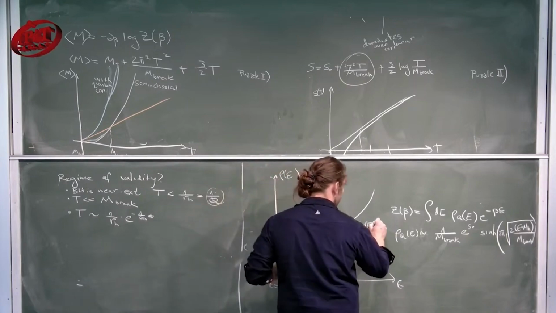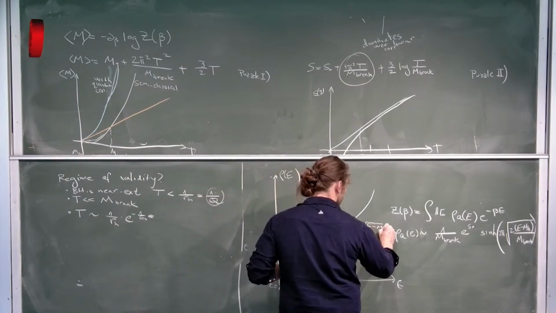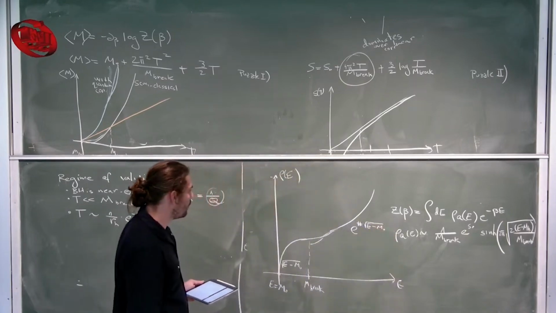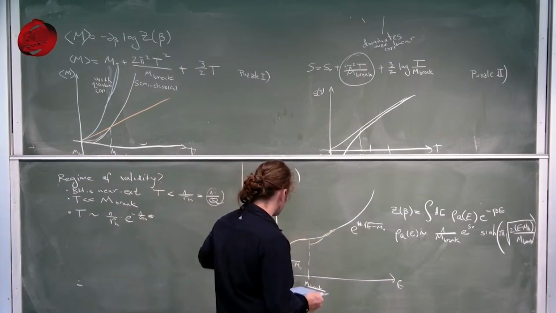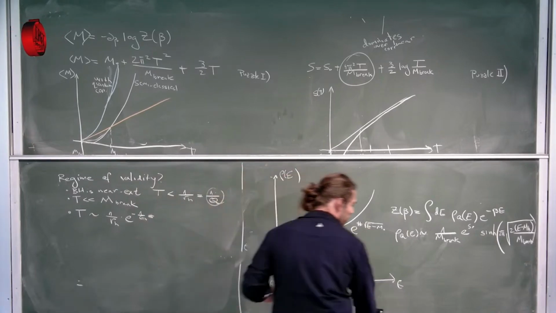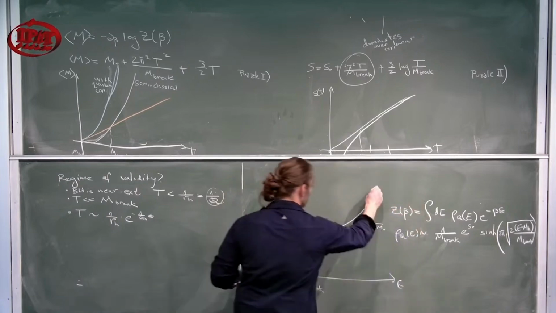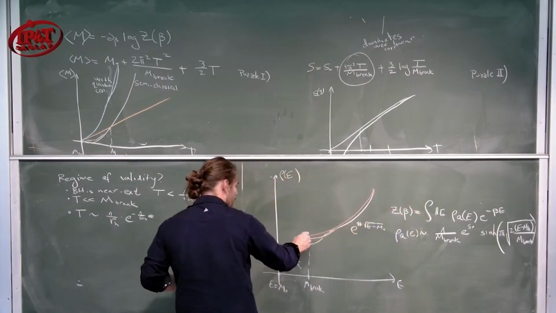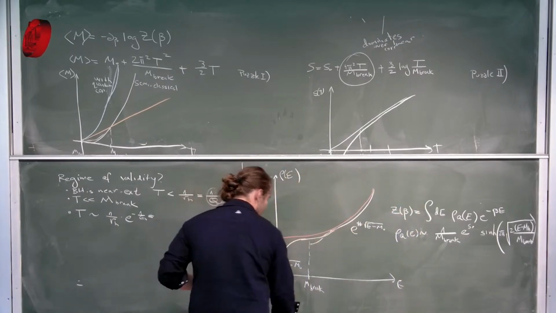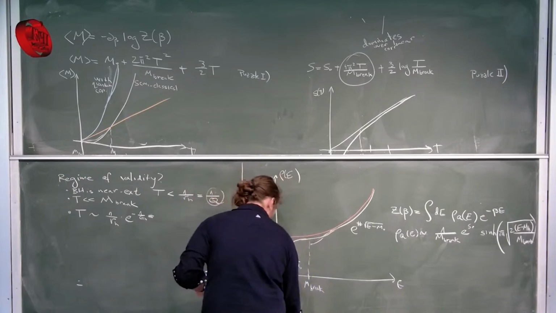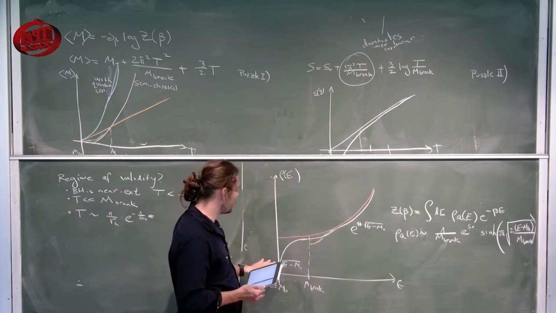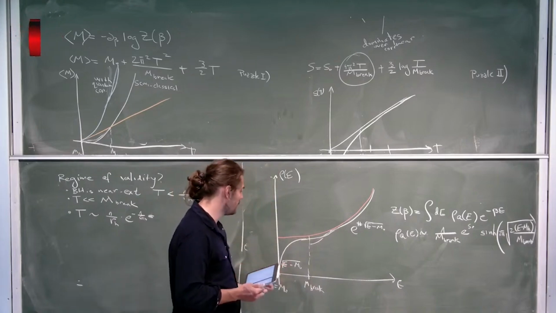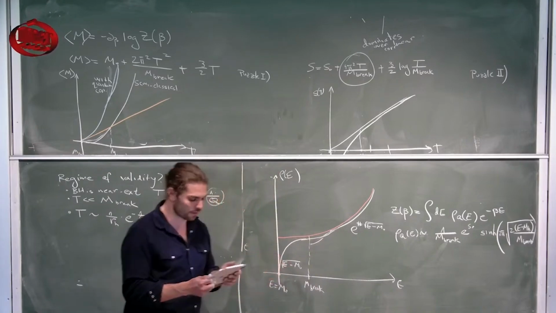Yeah, here I should put, not e to the square root, but square root of E minus M naught. So instead of having an exponential behavior as you approach the origin, as the semi-classical prediction would have said, the semi-classical prediction would have been in red. Once I go to energy scales that are closer to extremality than this breakdown scale, the behavior of the density of states completely changes and goes to 0 as I approach extremality.